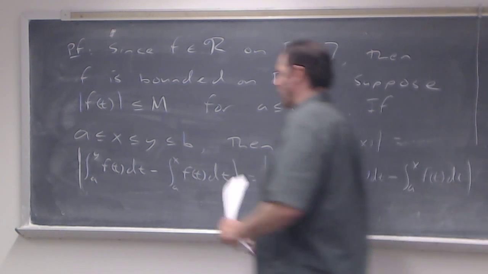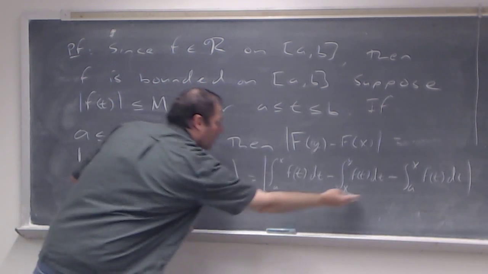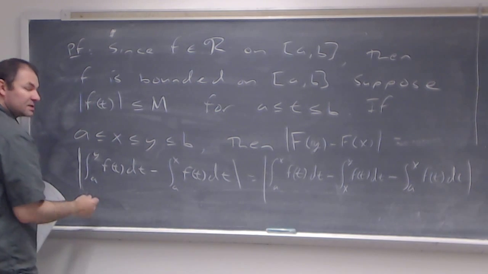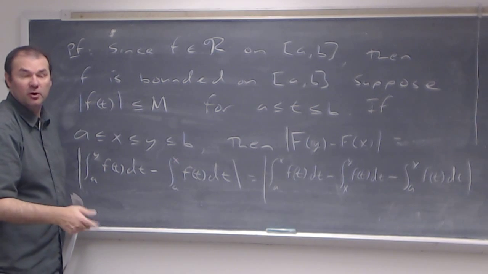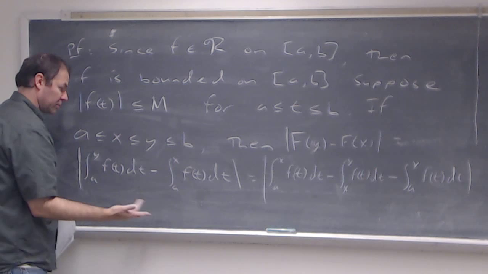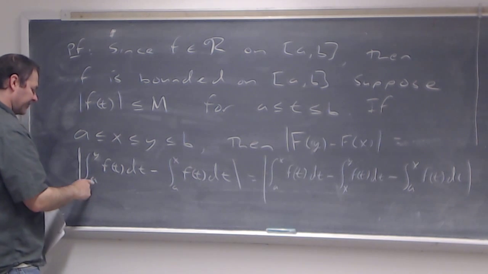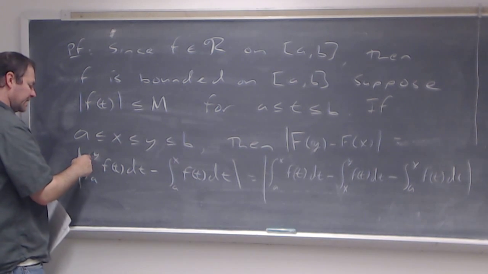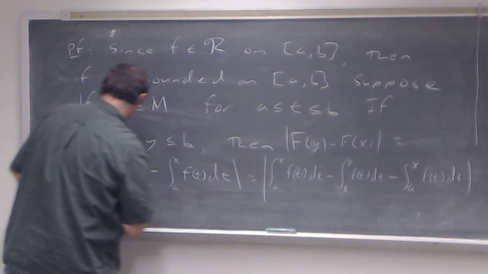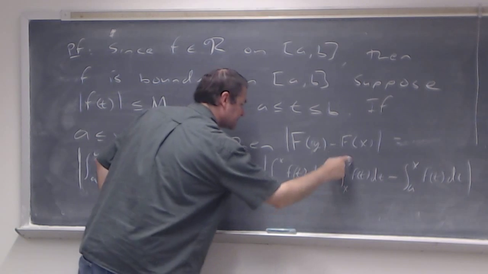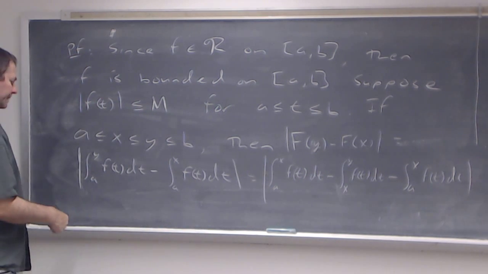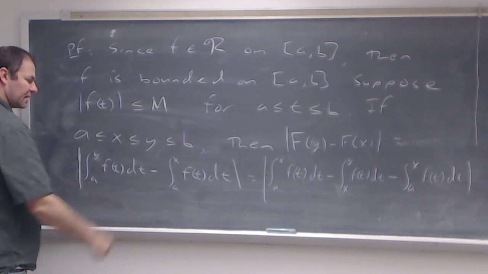I'm using a fact we proved earlier about the Riemann-Stieltjes integral, of which the Riemann integral is a special case: an integral from a to b can be broken up from a to c and then c to b. That's what I'm doing here, because x is in between a and y.